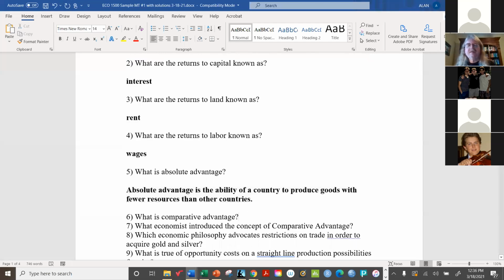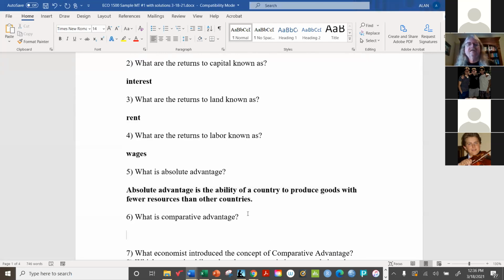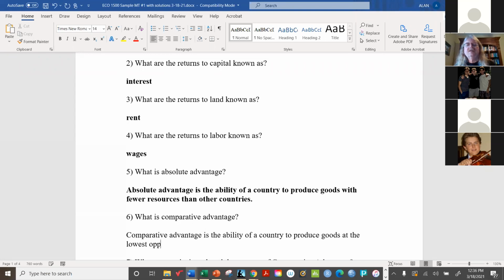Whereas comparative advantage could be thought of as the ability of a country to produce goods at the lowest opportunity cost. That's the key to the whole thing, the lowest opportunity cost.